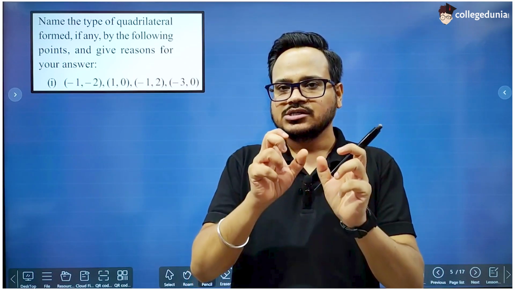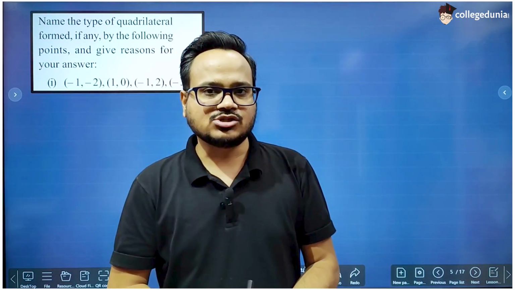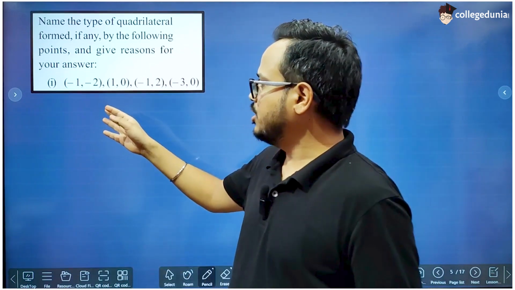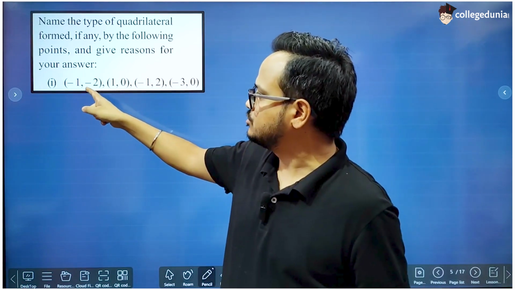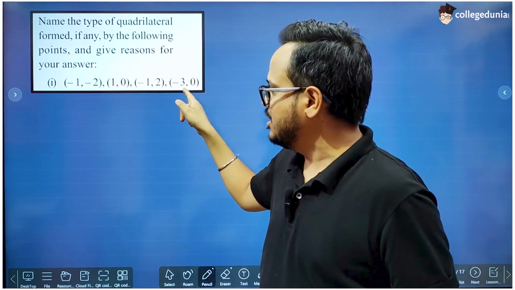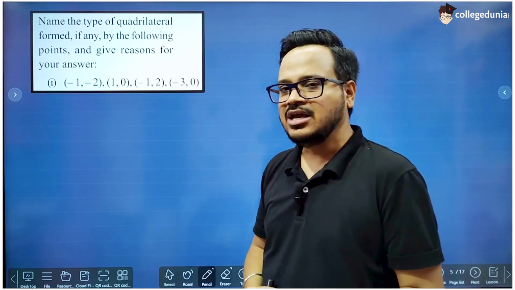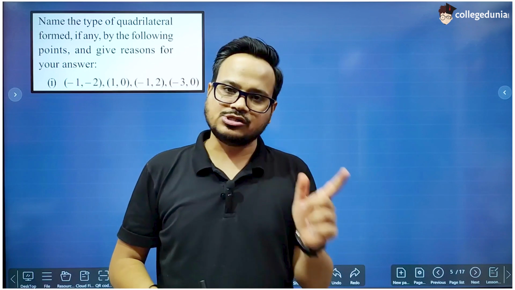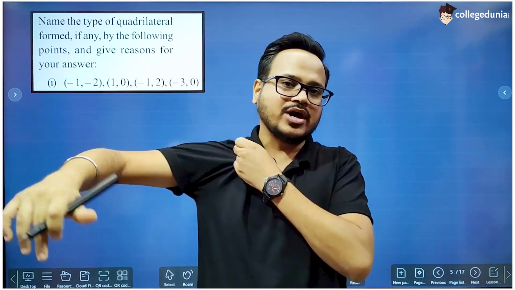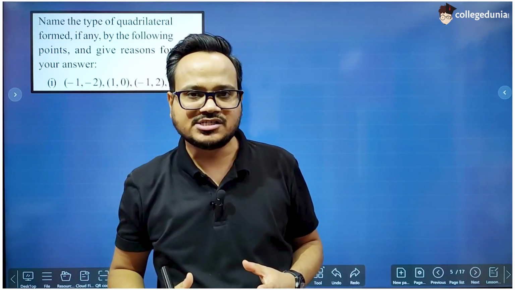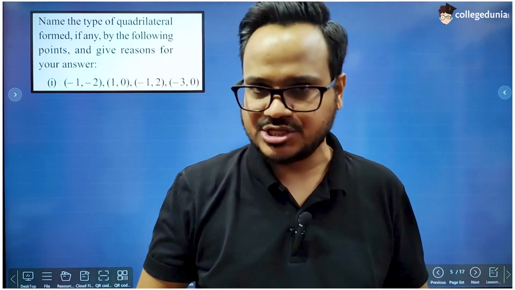Now how to distinguish between the rhombus and square? You will now find the diagonals. Since we have taken these coordinates in order like A, B, C, D, to find the diagonals we will use AC and BD. If these lengths are also equal, then obviously these 4 are the vertices of a square, because a square has all 4 sides equal and diagonals are also equal to each other.